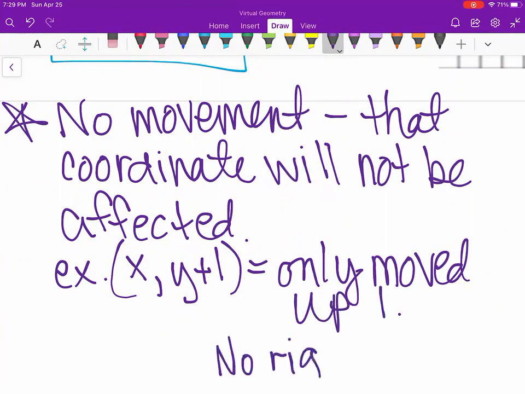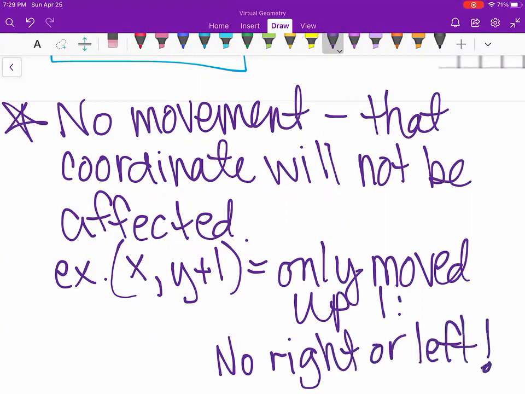No right or left. So the x coordinate was not affected. So just keep that in mind. If your triangle or your shape does not move in one of the directions, then that coordinate will stay exactly as it is, almost like you were adding 0 to it.